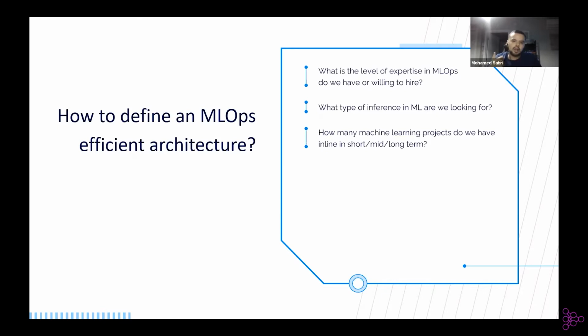But when you are a large bank and you know that in your pipeline you might have hundreds of projects coming in on a mid-term, long-term basis, well then your MLOps architecture wouldn't be the same as the small company, and that's very important to take into consideration as well.